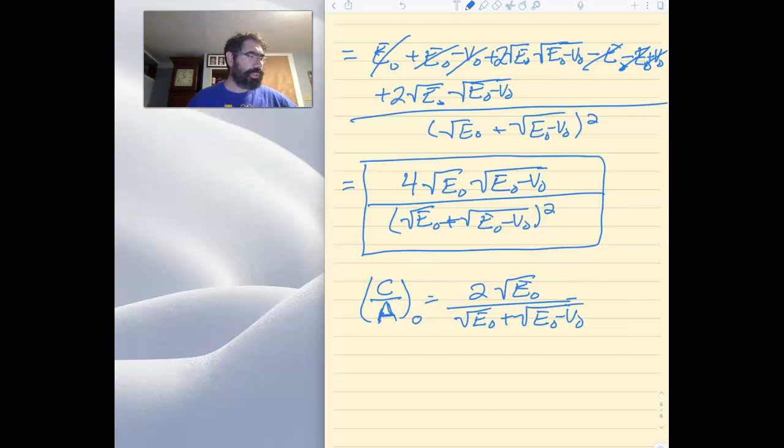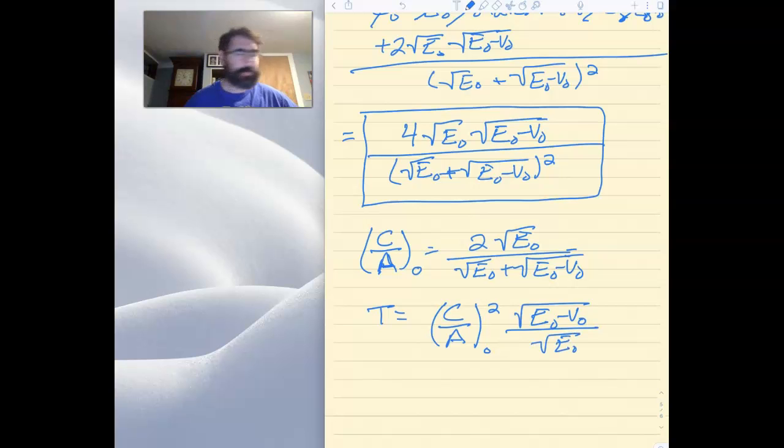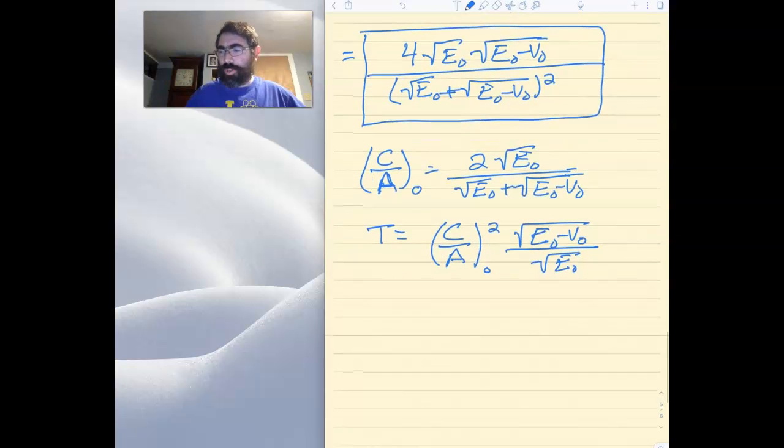So then, what does that become? Well, the transmission coefficient now becomes C over A, that ratio squared, times the square root of E naught minus V naught over the square root of E naught, or C over A squared times the square root of 1 minus V naught over E naught.